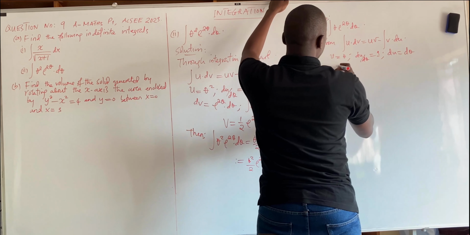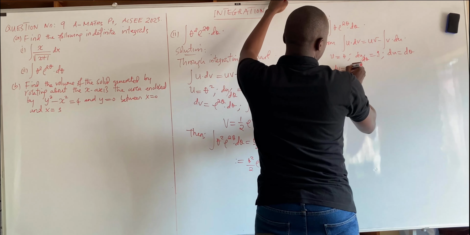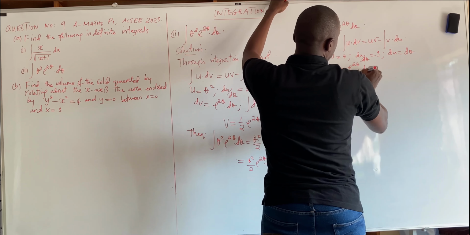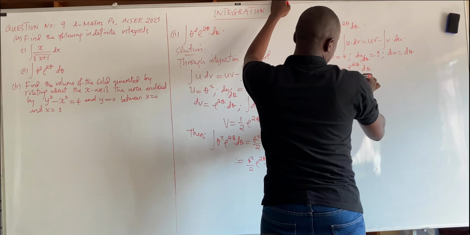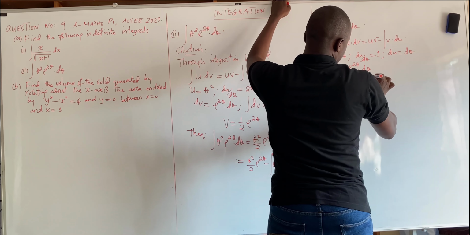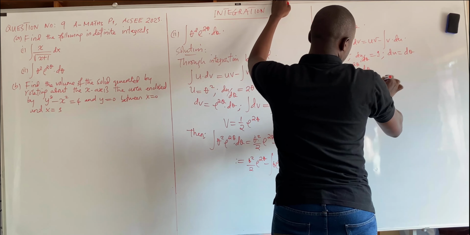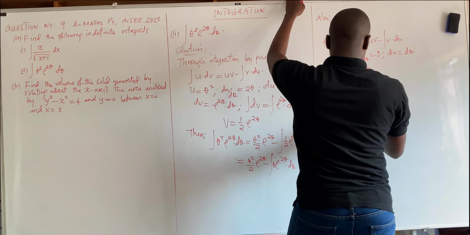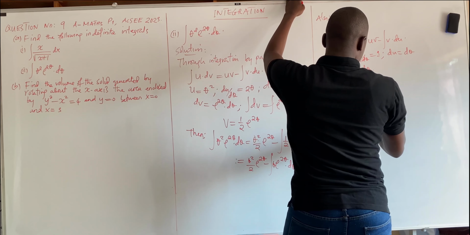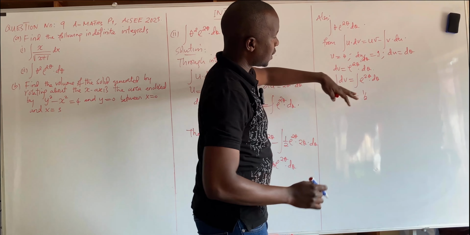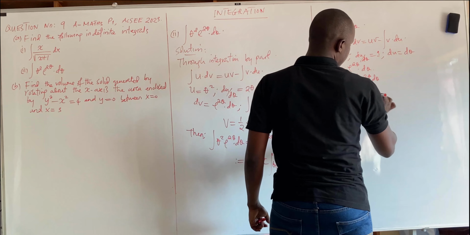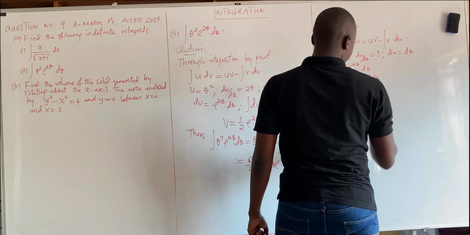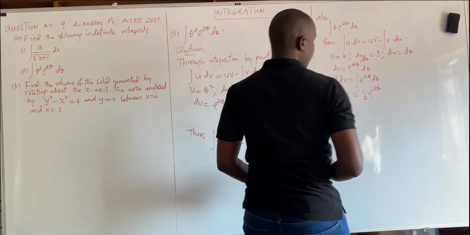Also, dv now equals to e raised to 2 theta d theta. So if you apply integral both sides, it becomes v equals, and then now it becomes 1 over 2, the same trick that we take the reciprocal of the derivative of the power, that is 1 over 2 times the original exponential function. So that becomes the value of v.